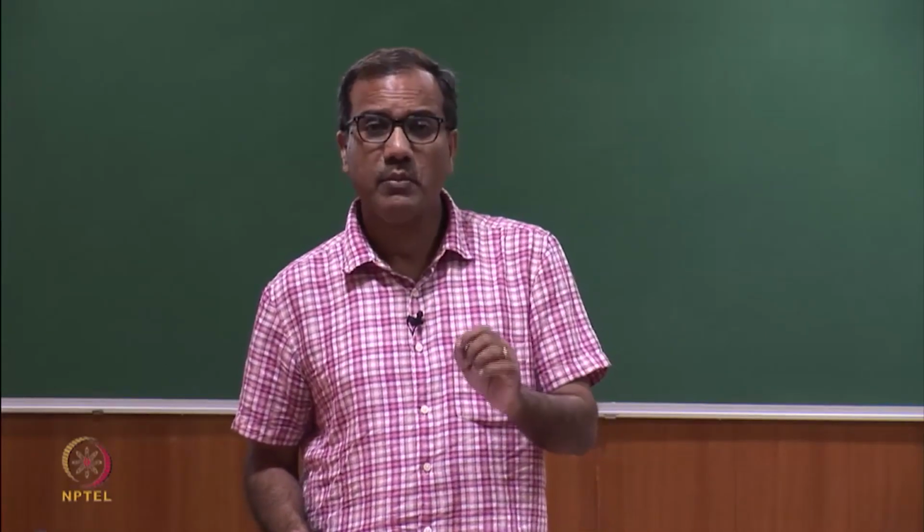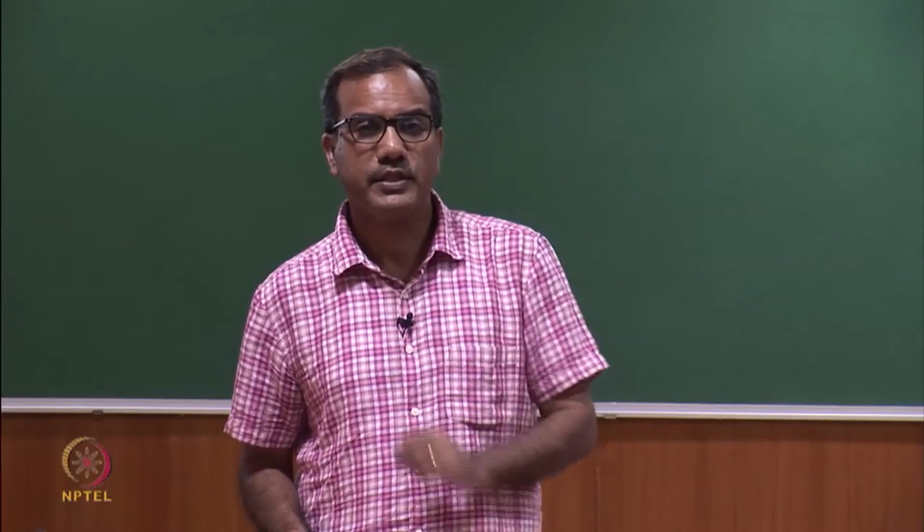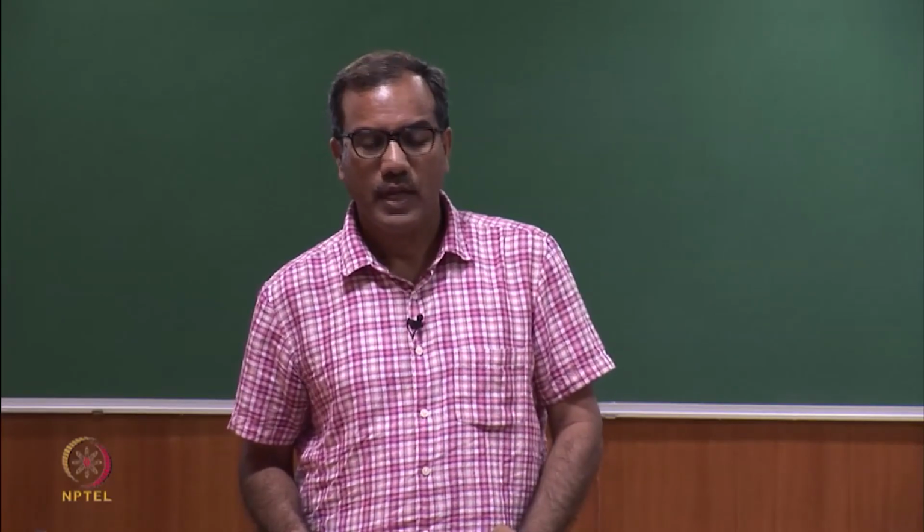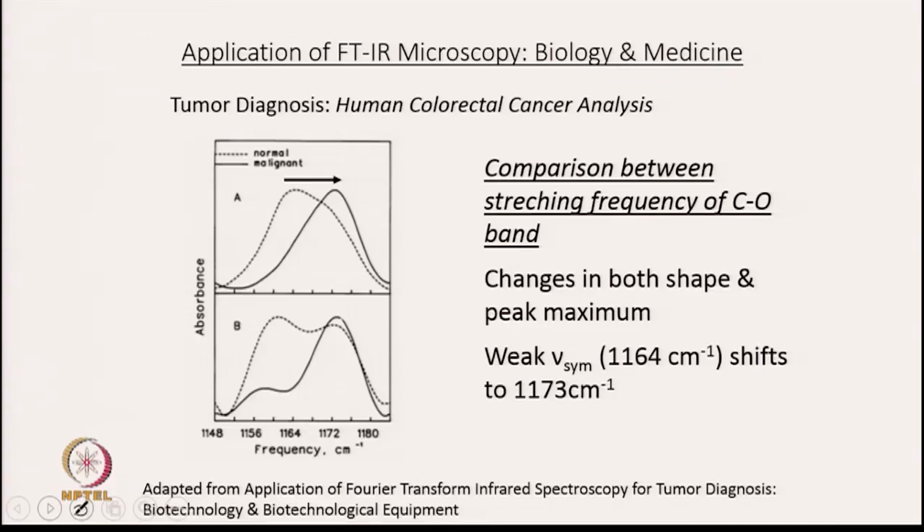You can also compare the CO stretching frequency, and what you will see is that in the tumor patient there is a shift of the symmetrical stretching frequency of the CO band from 1164 to 1173 centimeter inverse.